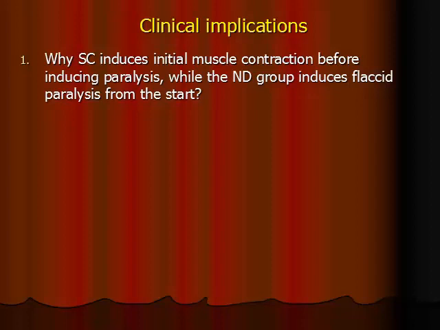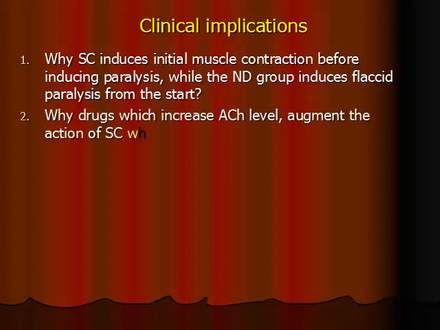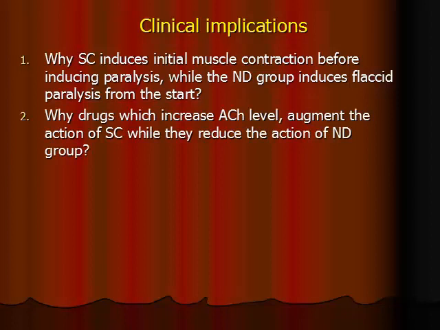On the other hand, the competitive group do not induce any depolarization, rather they inhibit the acetylcholine-induced depolarization, that is, they induce flaccid paralysis from the start. Why do drugs which increase acetylcholine level augment the action of succinylcholine, while they reduce the action of nondepolarizing group?